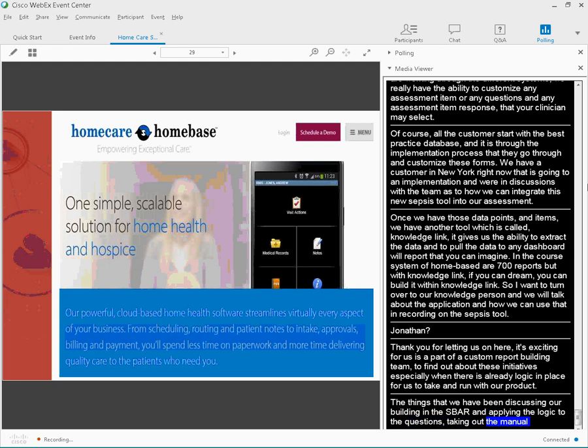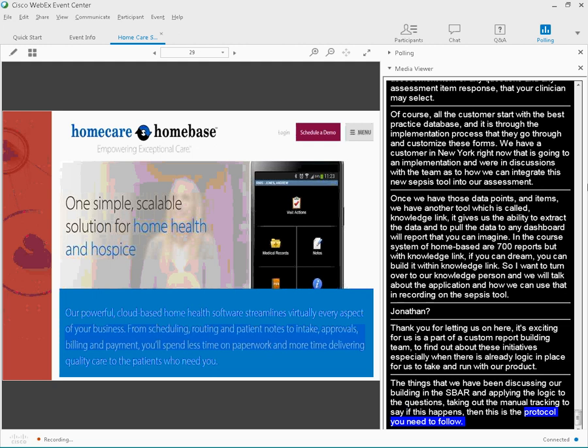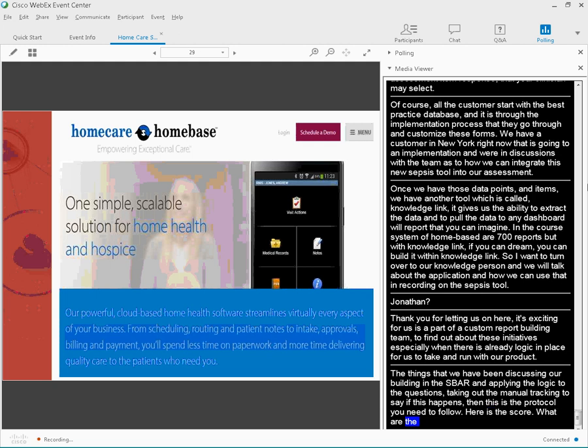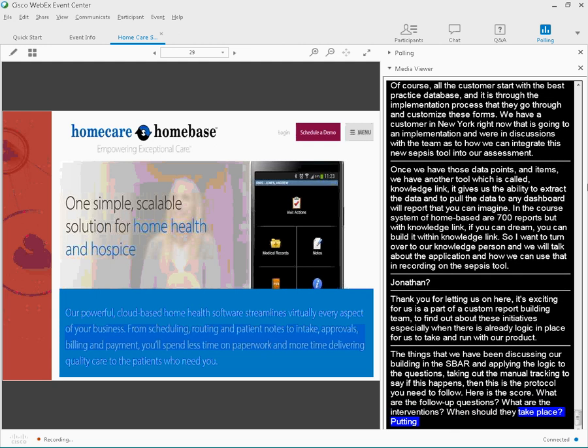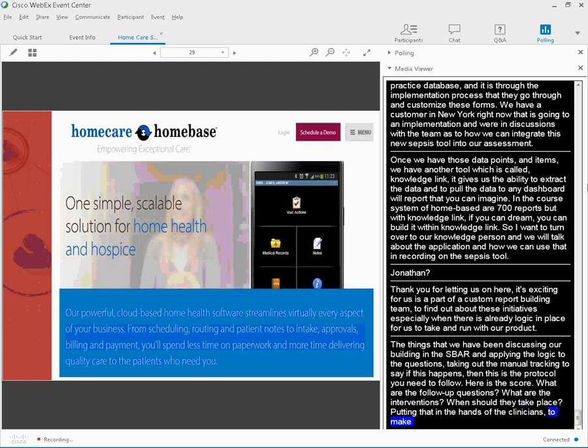Here is the score. Patient meets criteria for severe sepsis. What are our follow-up questions? What are the interventions? Where should they or when should they take place? And really putting that in the hands of the clinicians to not just make it easier, but to really enhance their ability.